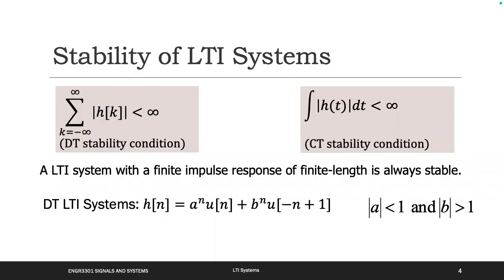So this one becomes a^n for n greater than or equal to 0, plus, for u[-n+1], we let the argument be greater than or equal to 0, which means n is smaller than or equal to 1.